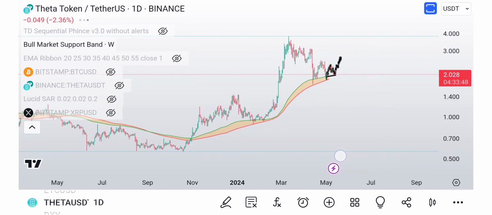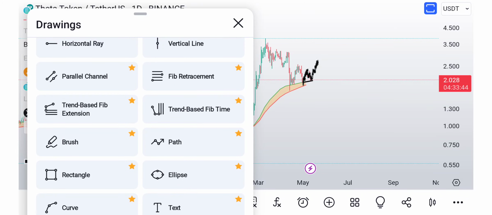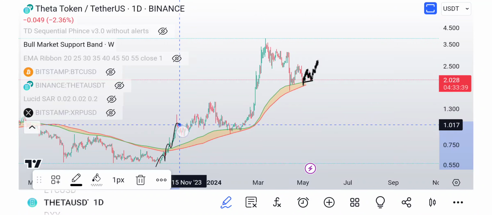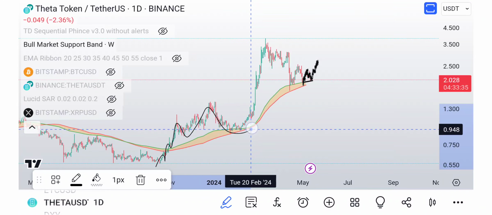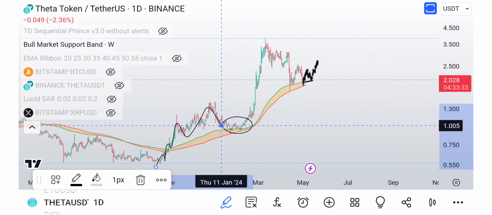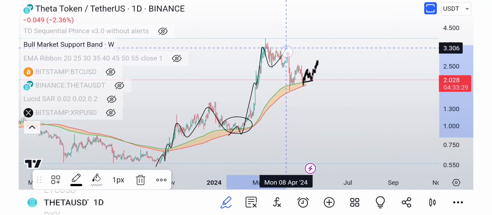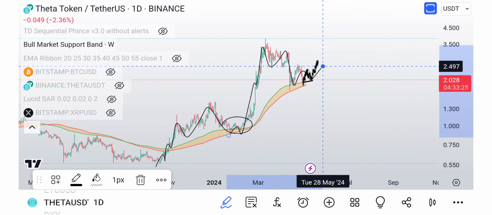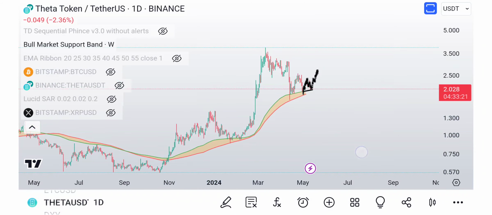I would say a lot of confluence, because what we have is 1, 2, 3, 4, 5, A, B, C on the bull market support band. Same thing here. 1, 2, 3, 4, 5, A, B, C on the bull market support band. So it's basically in the same area that it should be.